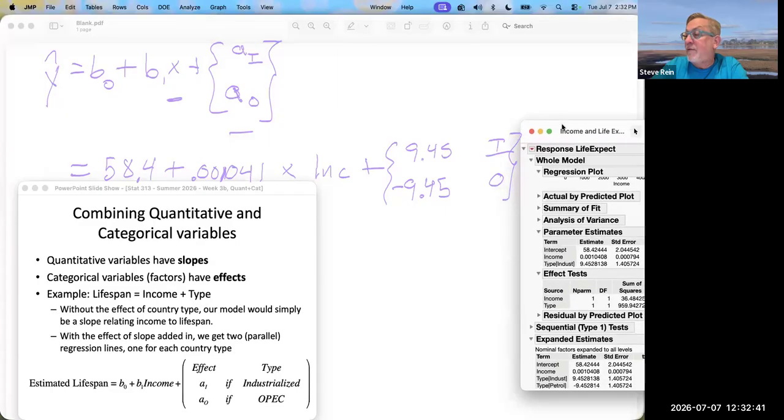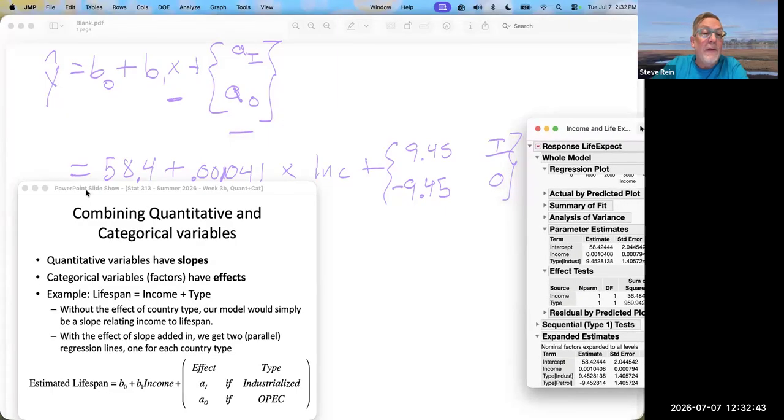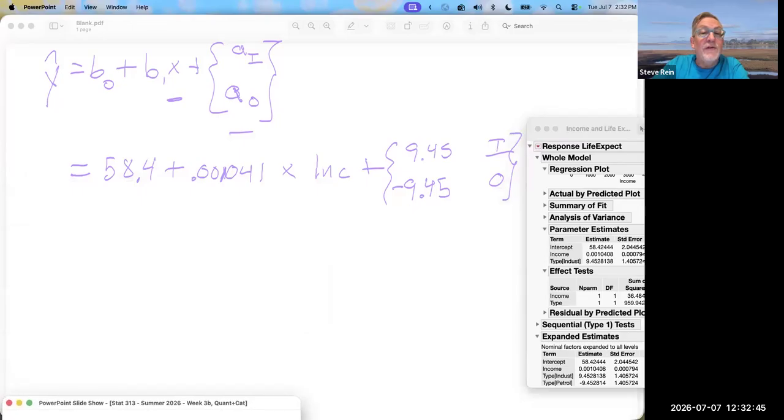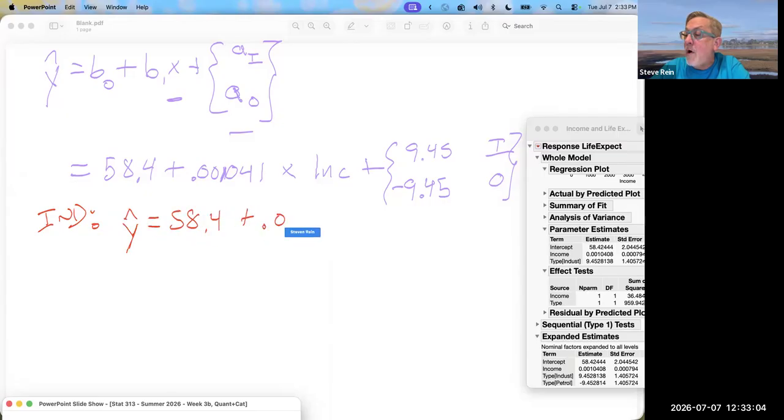So I'm going to leave this over here off to the right for reference for later. And now I want to consider each of these two separate cases. I'm going to go with red for the industrialized countries, IND countries. Literally, I'd say y hat is 58.4 plus 0.00104 times income.